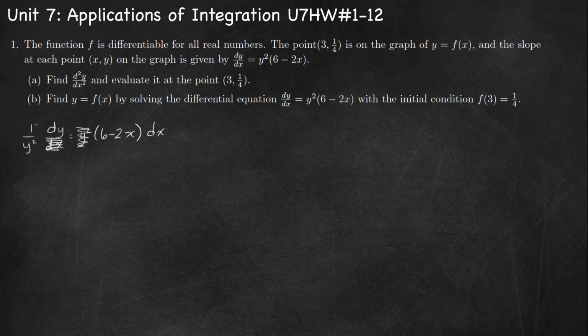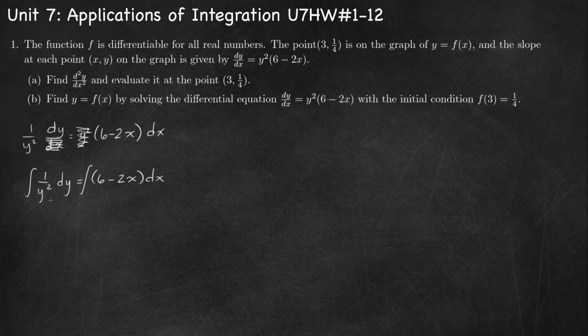Now I've got a function in terms of y times dy equals a function in terms of x times dx, so I can integrate both sides. Let me rewrite this. So I have 1 over y squared dy equals (6 minus 2x) dx. So something times dy equals something times dx, so now I'm going to integrate both sides.